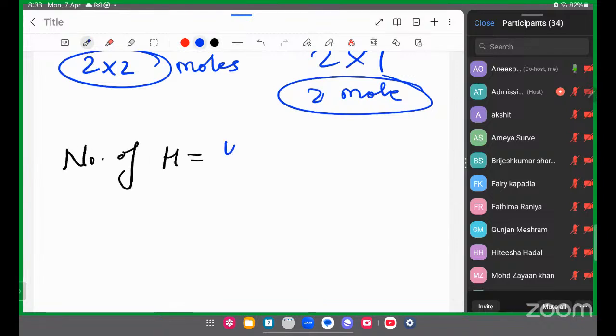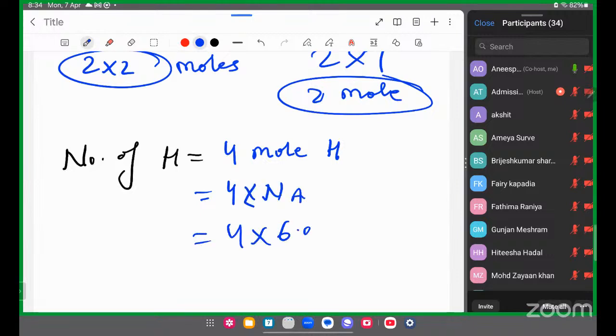Since we have 4 moles of hydrogen, this will be 4 into Avogadro number, that is 4 into 6.022 into 10 raised to power 23.